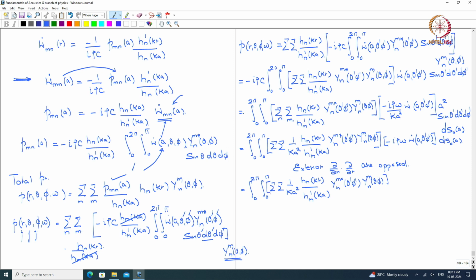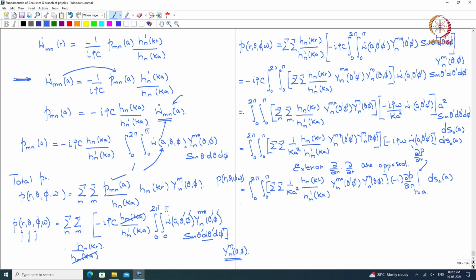Okay. Then negative with del p del n at r equal to a, dS0 of a. This is equal to del p del r. Okay, and I put a del p del n, I put an additional minus. Okay, so now this was all p(r, theta, phi, omega).